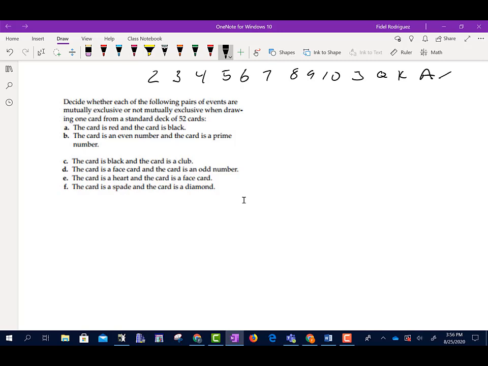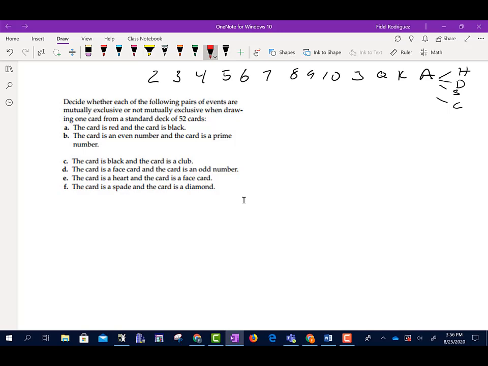And then we're going to have either hearts, diamonds, spades, or clubs, right? I don't have the picture right here in front of me, but I want you to think about what my deck of cards is going to look like.